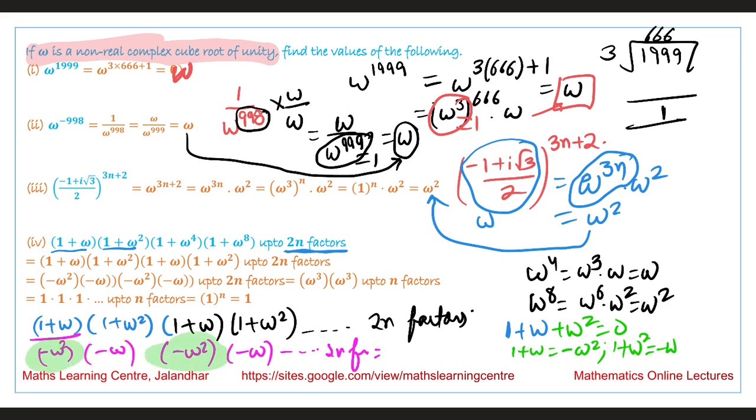It is n times. How many times is minus omega there? It is n times. So the negative signs cancel out. Looking at these two terms, it will become omega cube. Then the next two terms will also become omega cube. So we have 1 into 1 into 1, and so on up to n times. So the answer we obtain is 1.